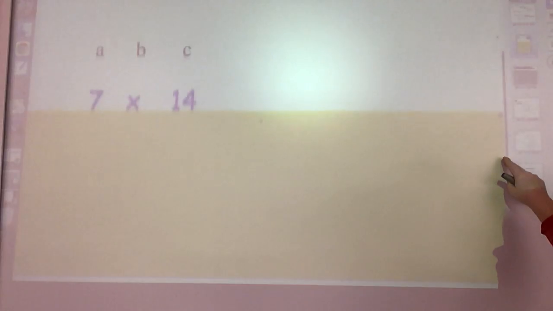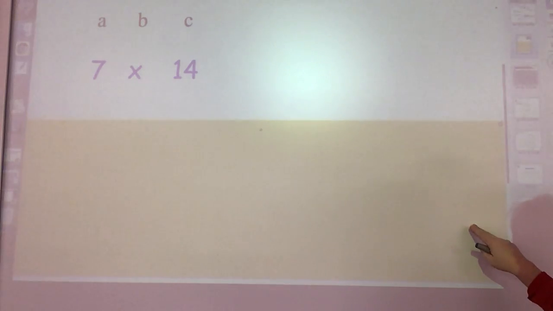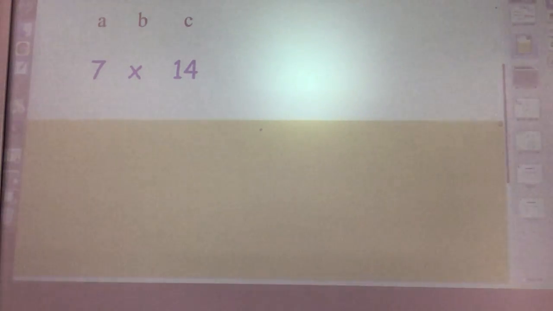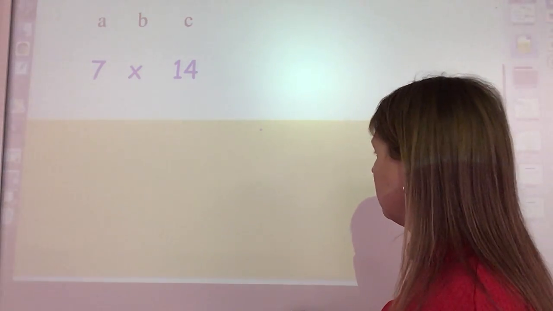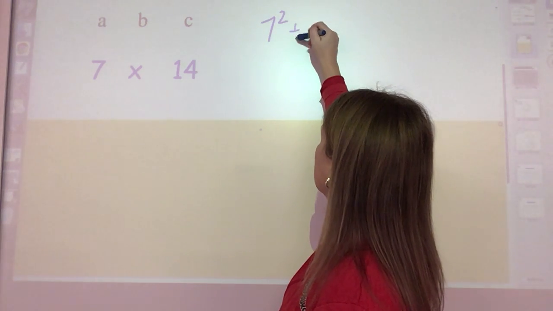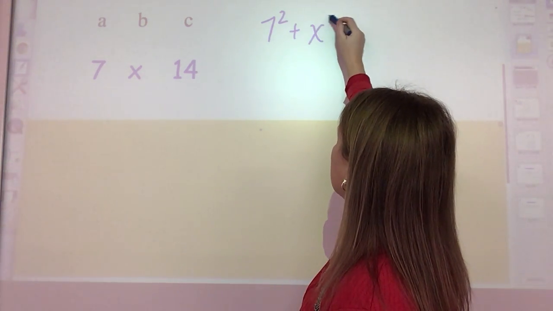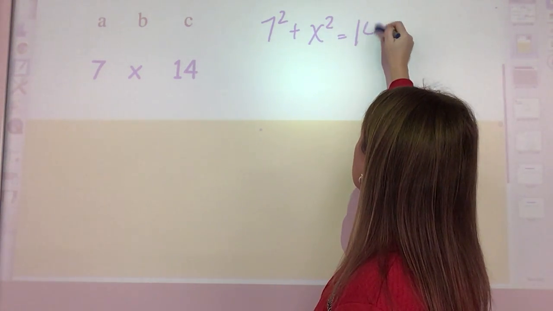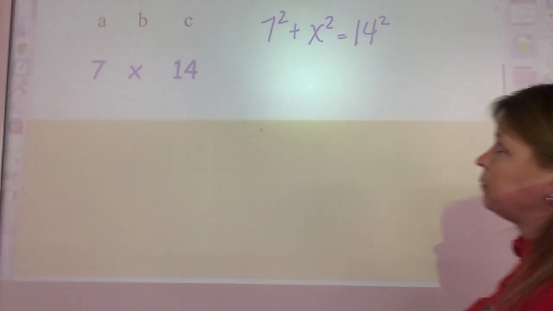Okay, not always are you going to be given the triangle. Sometimes you're just going to be told what the sides are if they tell you what a, b, and c are. This time we know a and c, but we don't know b. So we're going to go a squared, 7 squared, plus x squared equals 14 squared.